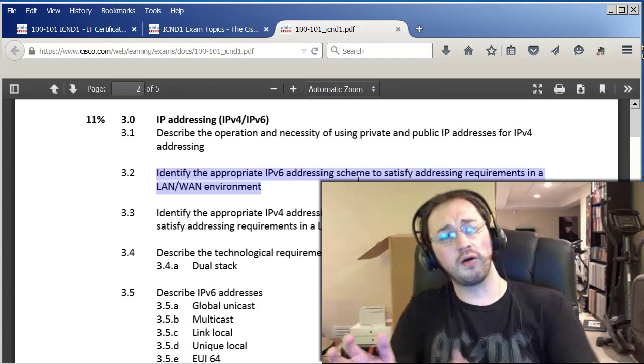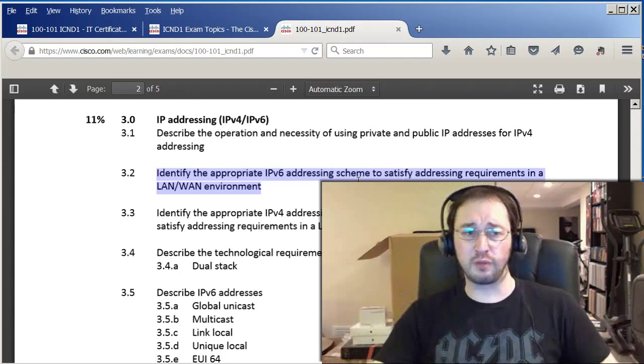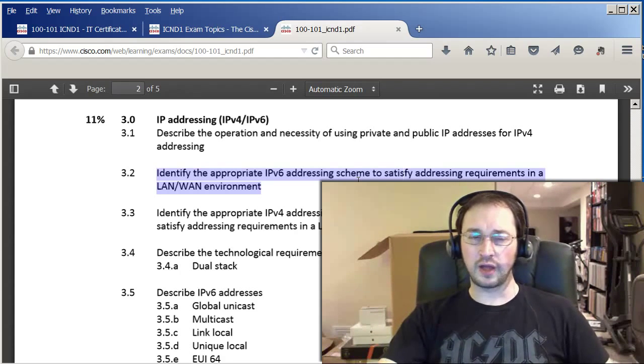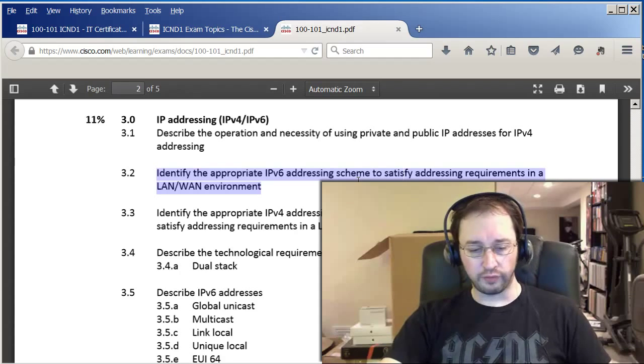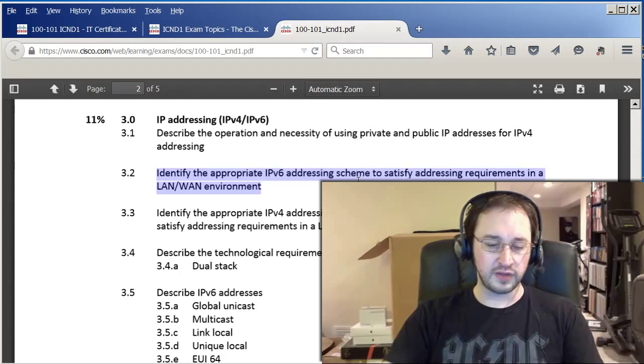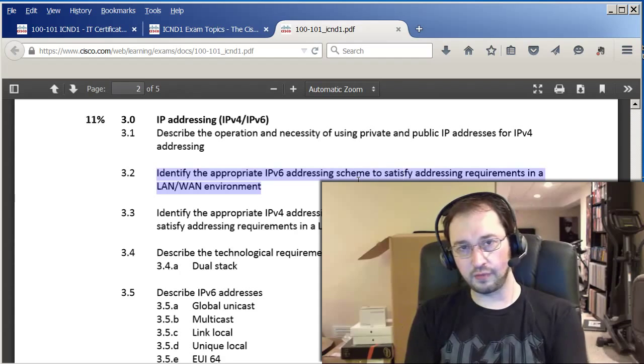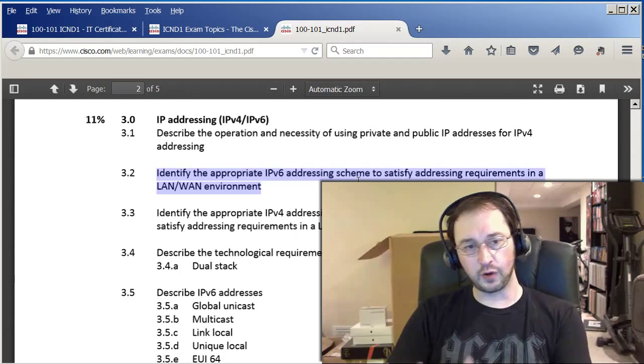Various different ways that we can subnet out IPv6 to meet different requirements. So I would be prepared for if they give you some sort of a scenario or a diagram or a question, say, hey, we've been given this particular IPv6 address space from our service provider, and here are the requirements. How would you carve it up? Okay.